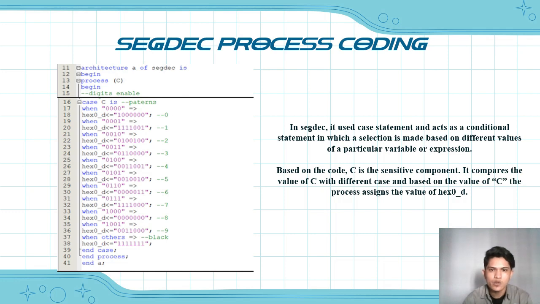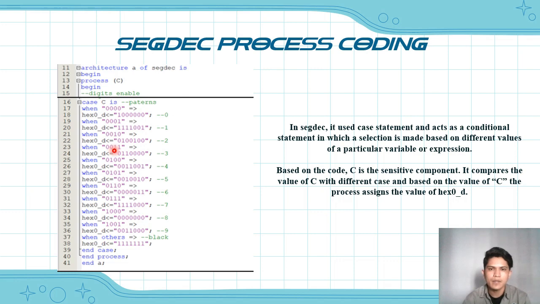In case the value of C is equal to 0000, then HEX0D will be assigned 100000, and when C is equal to 0001, HEX0D will be assigned 1111001, and so on. In case C has other values, then HEX0D will be 111111.